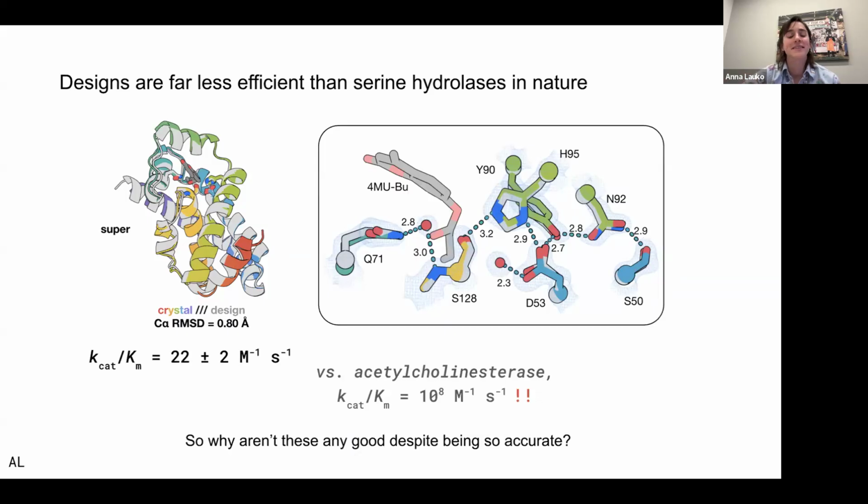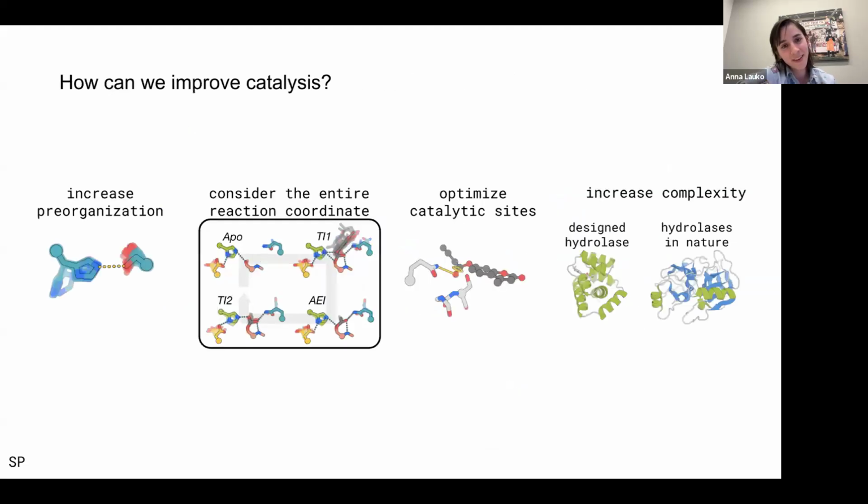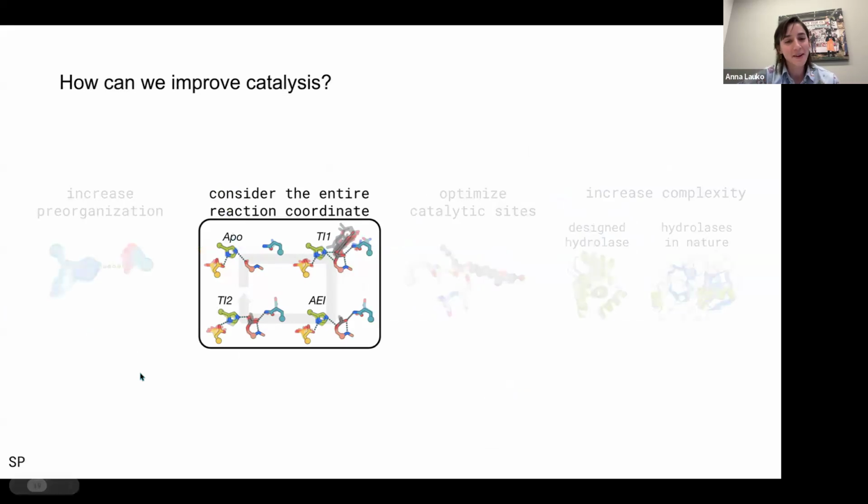This is basically as good as it can get in terms of design model matching the crystal structure. So the real question was, why aren't these good or even respectable enzymes despite being so accurately designed? And so we kept thinking about how to improve catalysis, and Sam's going to tell you about this next idea.